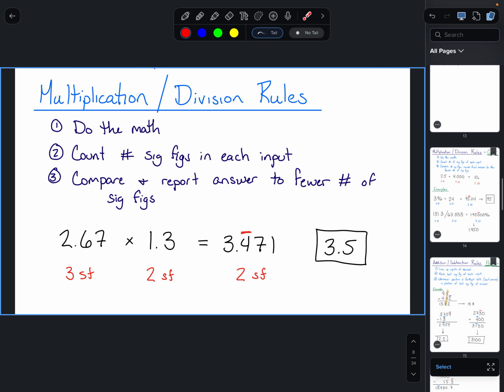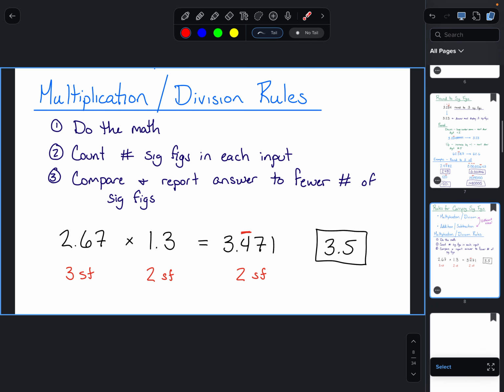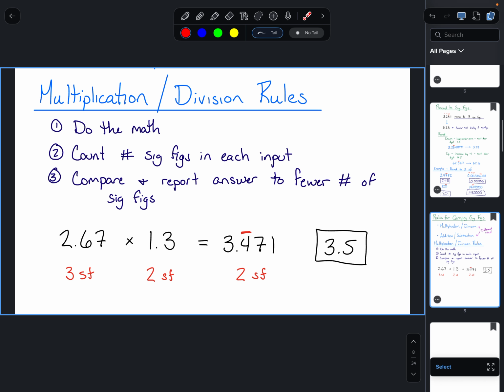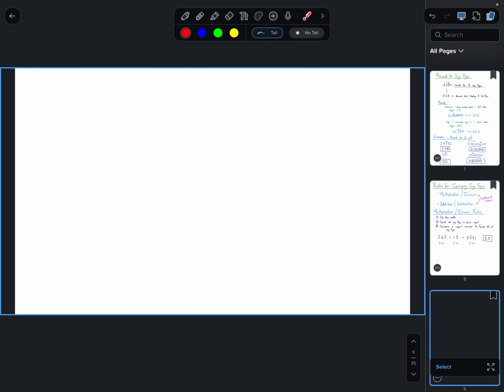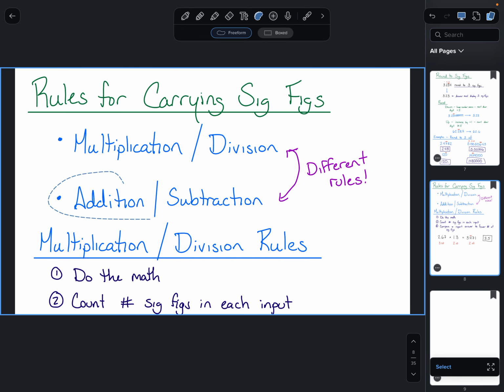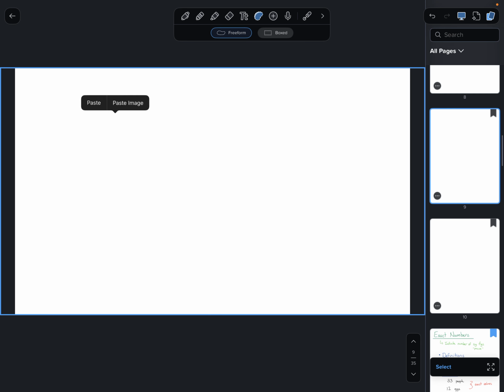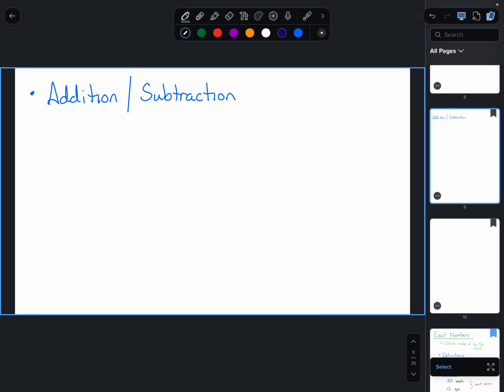All right, we'll do a bunch of practice, but let's introduce the next one here, our next set of rules. Again, we talked about multiplication, division. We have a different set of rules if we have an addition or subtraction problem. All right, so these are now our addition subtraction rules.